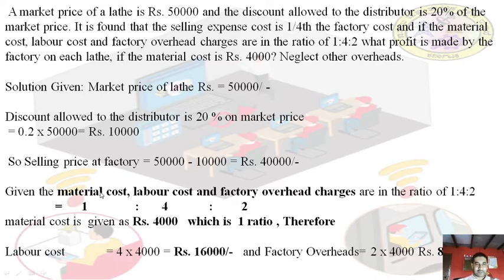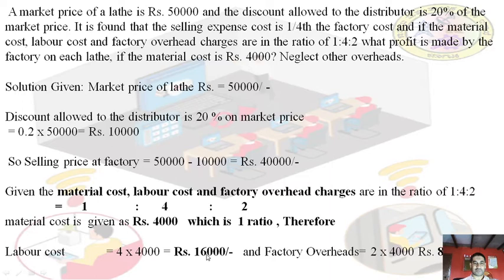So 1 ratio is 4,000, then 4 ratio becomes 4 times the first ratio, that is 4,000 into 4. That is our labor cost, which will become 16,000. Similarly, the factory overhead charges is 2 ratio. So 1 ratio is 4,000, so 2 ratio means 8,000. So the labor cost will become 16,000.